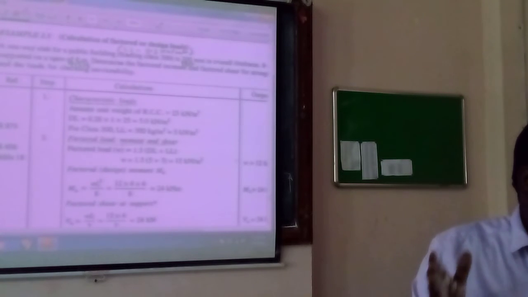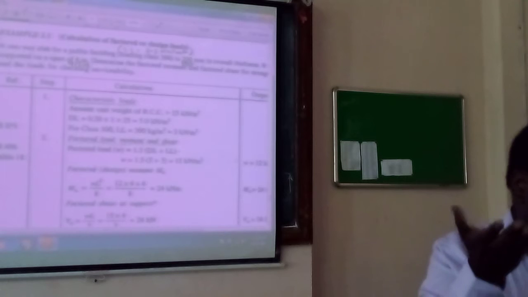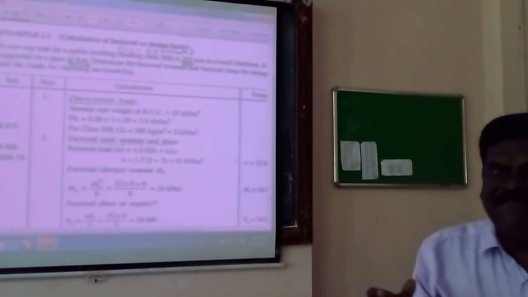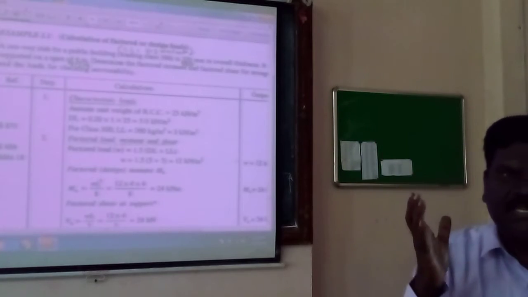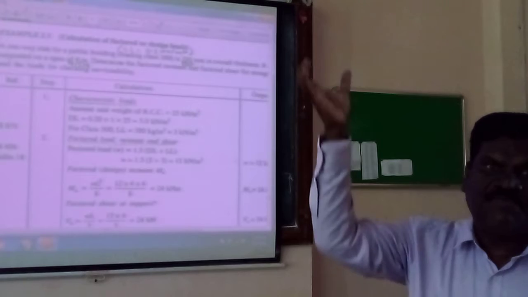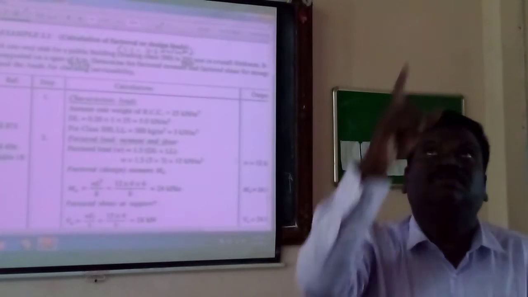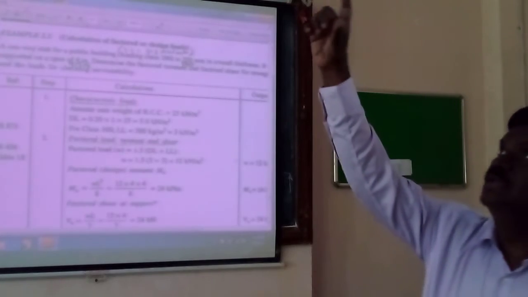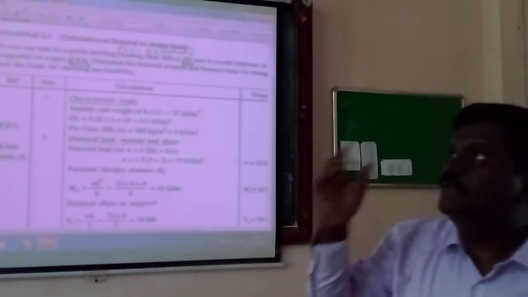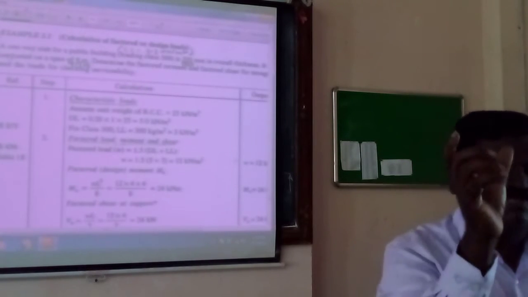When you compute dead load, the self weight of the slab, you have to consider the slab as a beam. Slab is a plate, flat, a diaphragm, but you consider it like a strip, a 1 meter wide beam, just like your beam. That's why we consider a 1 meter wide strip of the slab.